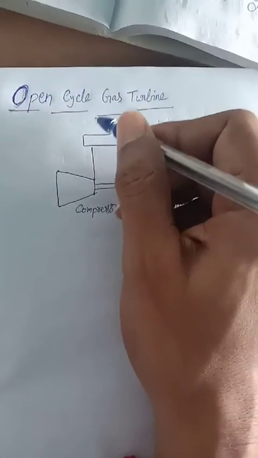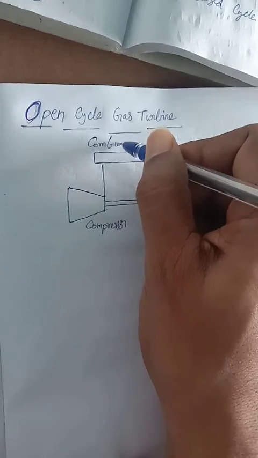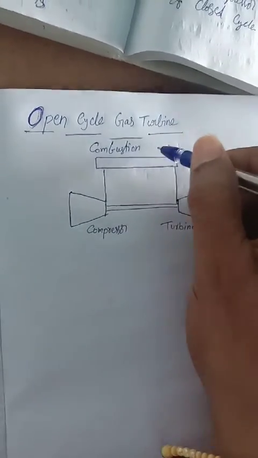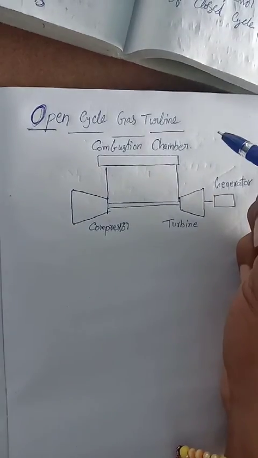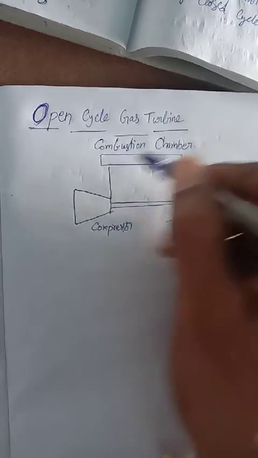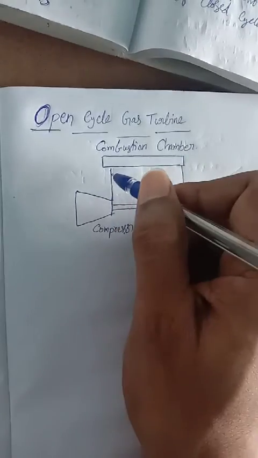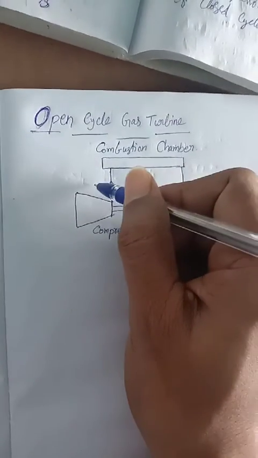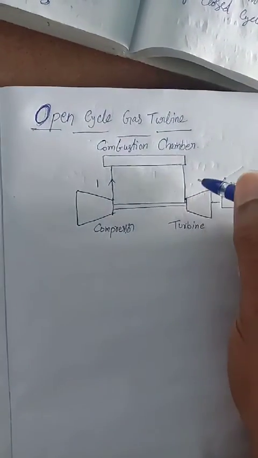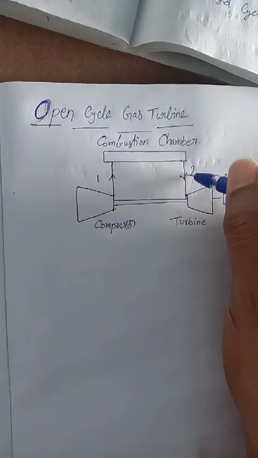Here it is coming from the combustion chamber. Combustion chamber. Now compressor to combustion chamber you can take 1, and combustion chamber to turbine you can take 2.